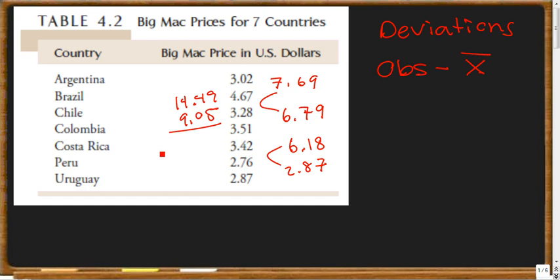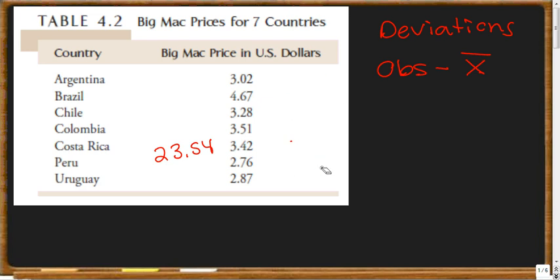So we've got 23.54, and we need to divide that by 7. So we end up with 3.36. That's going to be our mean.